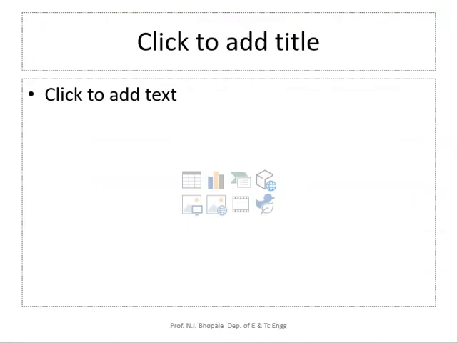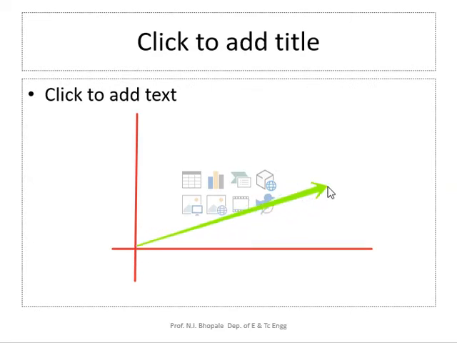Say I take one blank slide. This is, let's say, the y-axis, and this is the x-axis. Along these axes I will mark one vector starting from the origin and ending somewhere here. I will mention this point as, let's say, (3, 4). This is the value 3 along the x-axis, and similarly the value 4 along the y-axis.